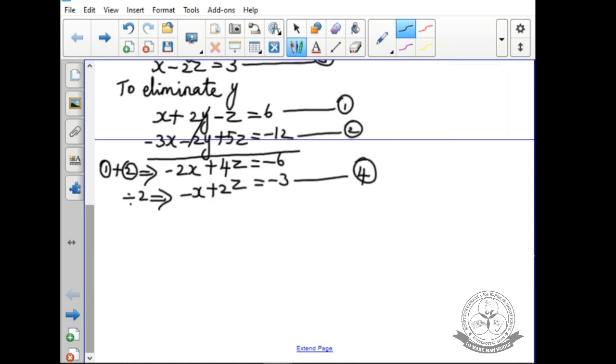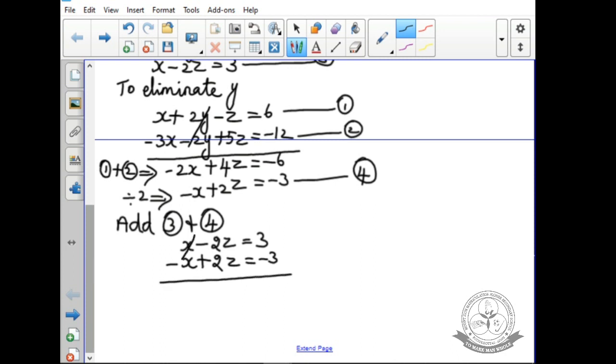Now add equations 3 and 4. The third equation, x minus 2z equal to 3, and minus x plus 2z equal to minus 3.